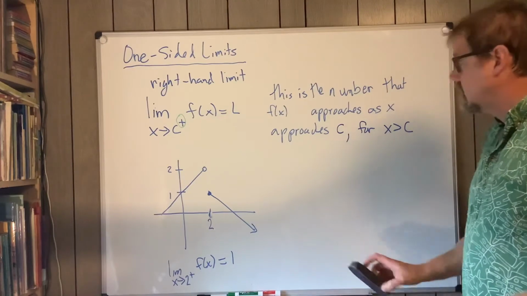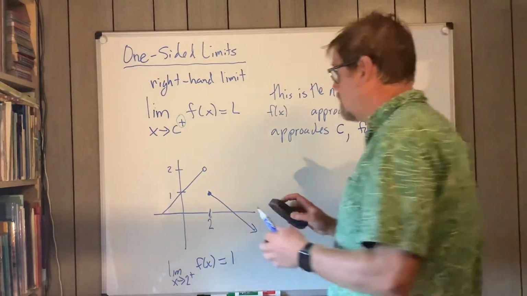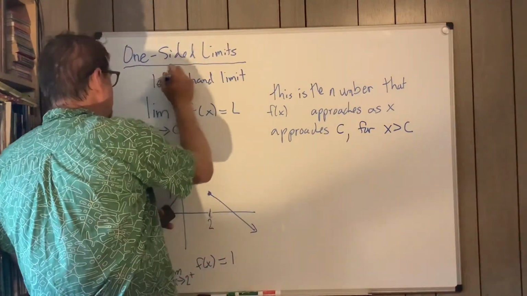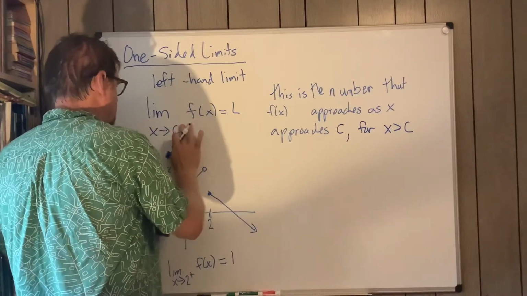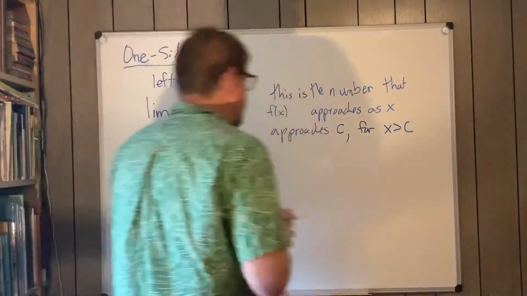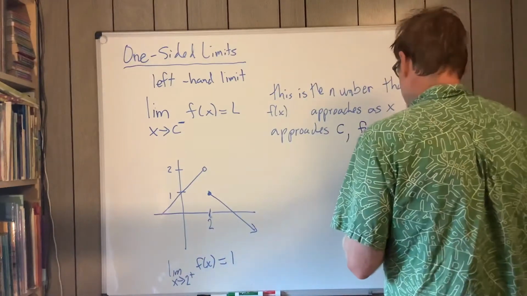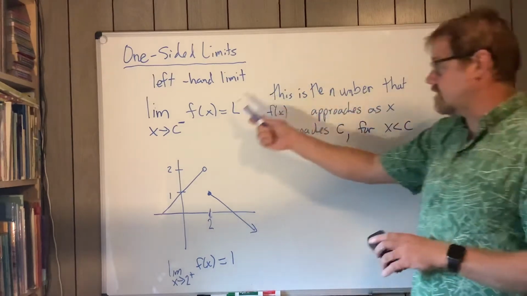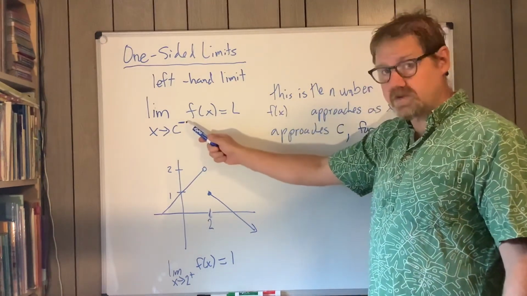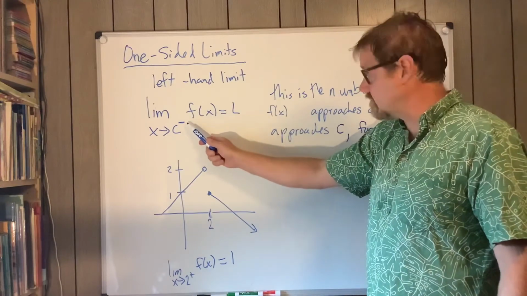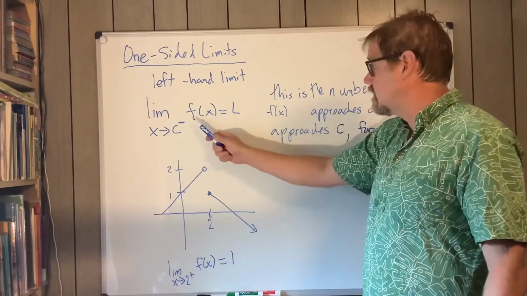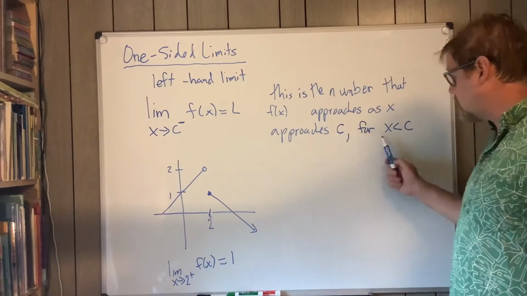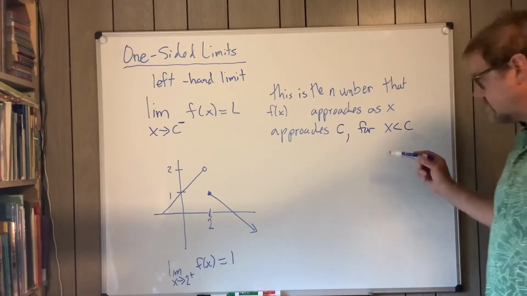Good. So now here's all I have to do to change some of this. Left-hand limit. This switches to a negative. So the left-hand limit as x goes to c with the negative sign, again, the negative sign is the superscript there, not in front of the c, of the function is L. So L is that number that f of x approaches as x approaches c, but only for x less than c.